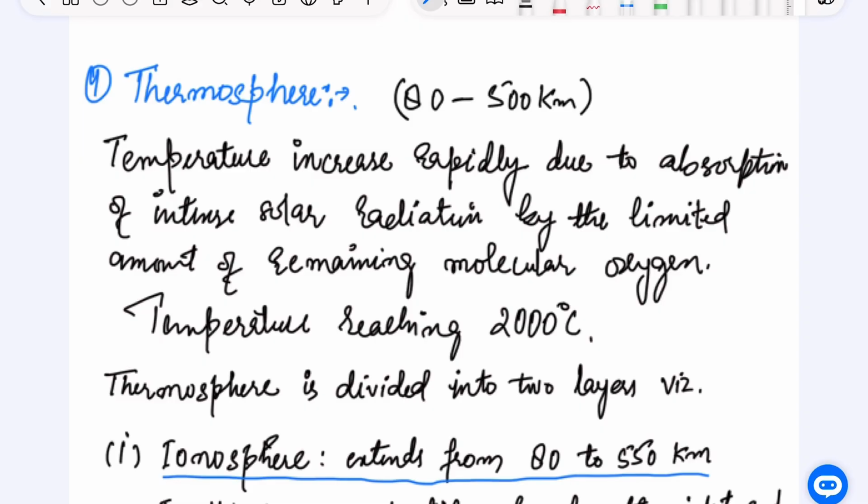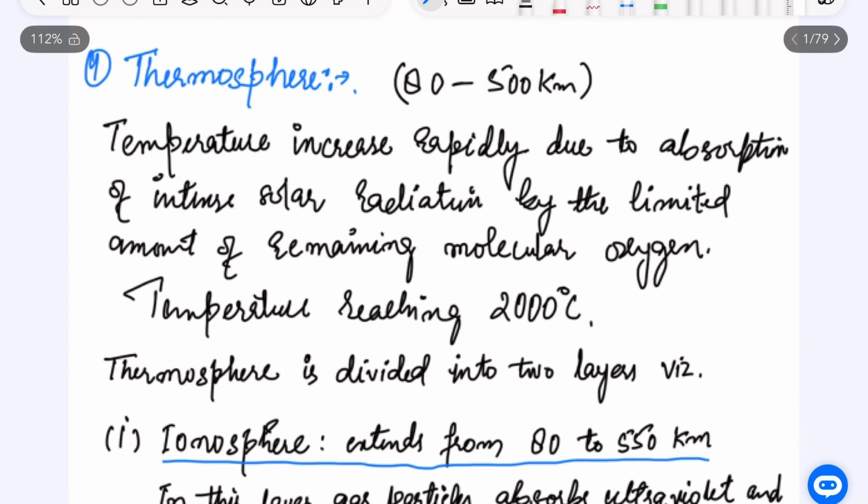So in the first layer the temperature decreases with altitude, in the second layer it increases, in the third layer it decreases, and in the fourth layer, the thermosphere, it increases with increasing altitude, reaching up to 2000 degrees Celsius, that is the hottest place.